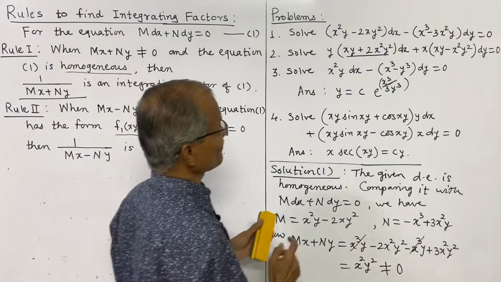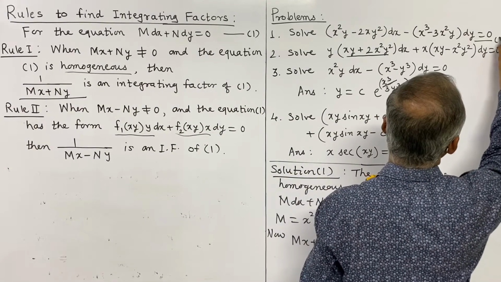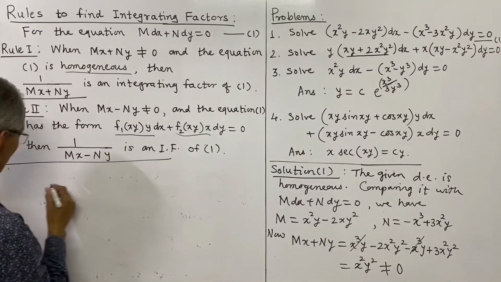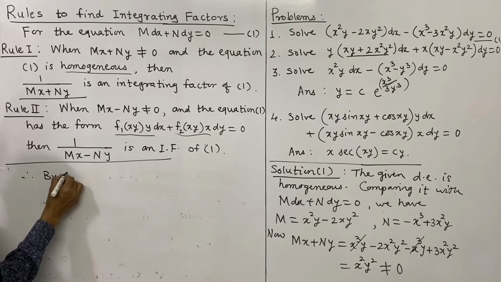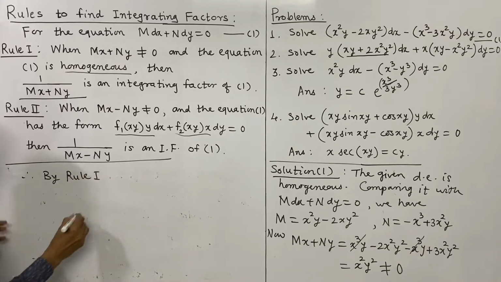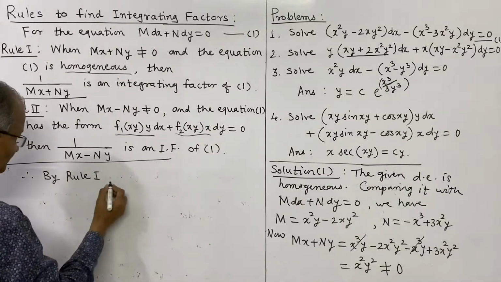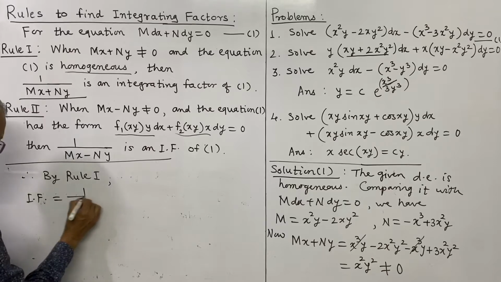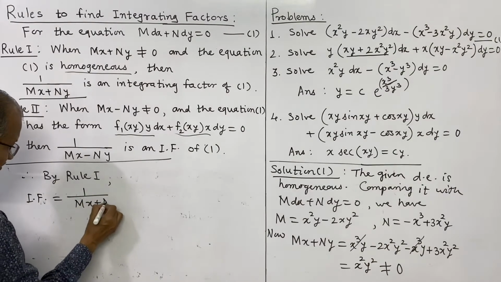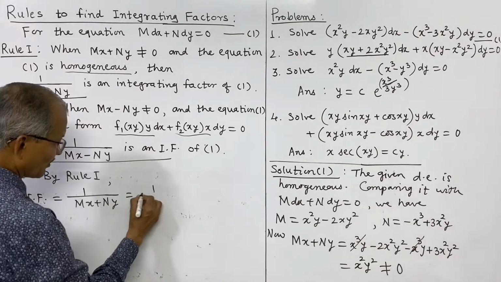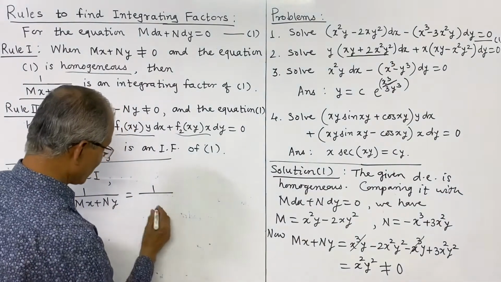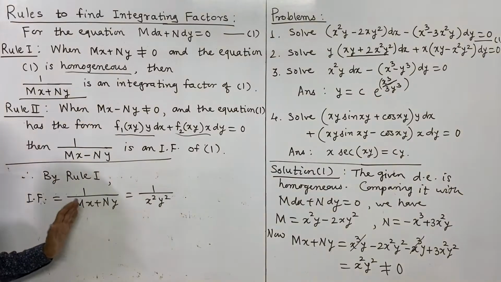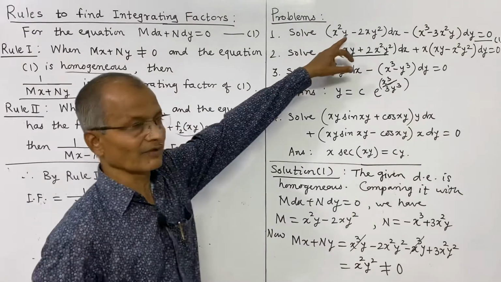For this problem I shall suppose this differential equation to be 1, and by rule 1 the integrating factor is equal to 1 upon M into x plus N into y, and that is 1 upon x square into y square, and we have to multiply by this integrating factor to the given original equation.